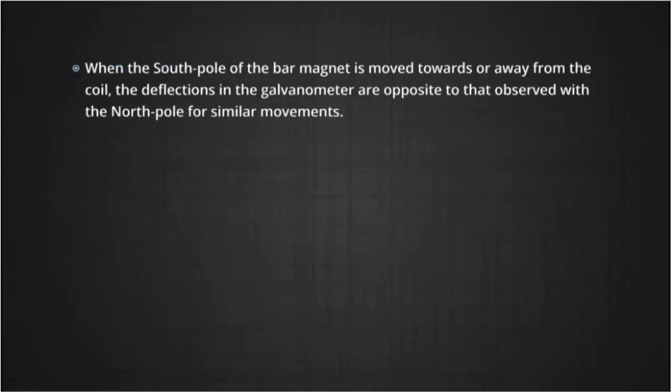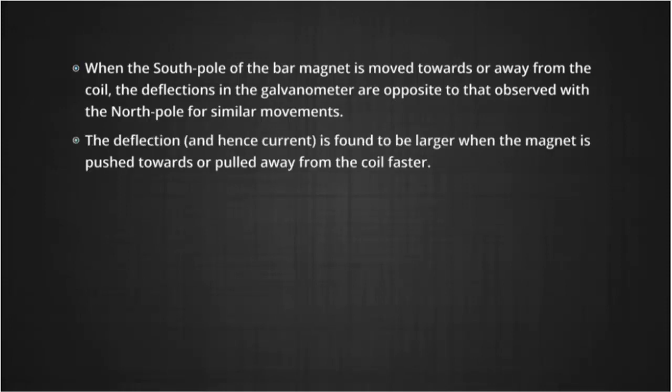When the south pole of the same bar magnet is moved towards or away from the coil, the deflections in the galvanometer are opposite to that observed with the north pole for similar movements. The deflection, and hence current, is found to be larger when the magnet is pushed towards or pulled away from the coil faster.